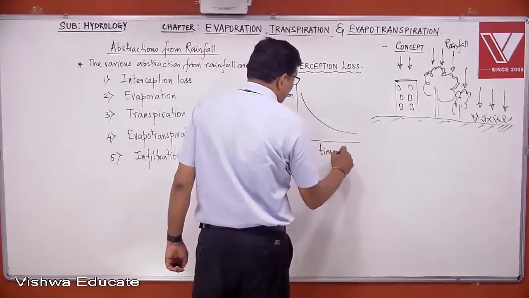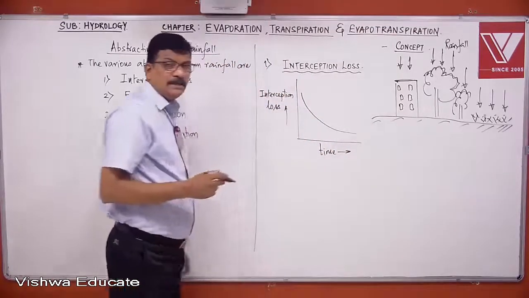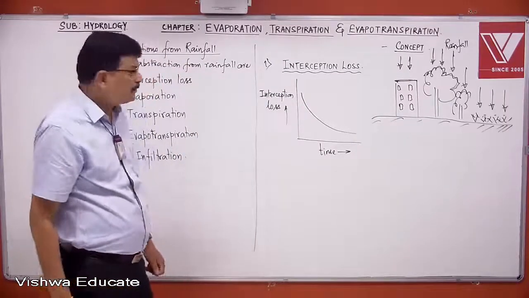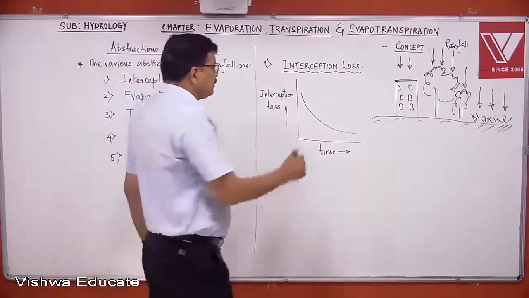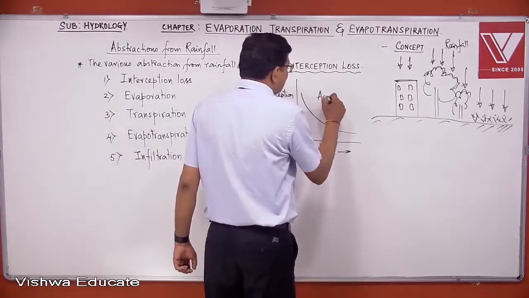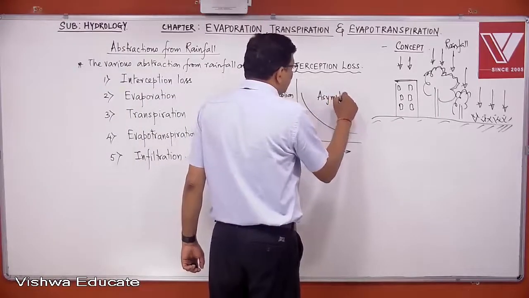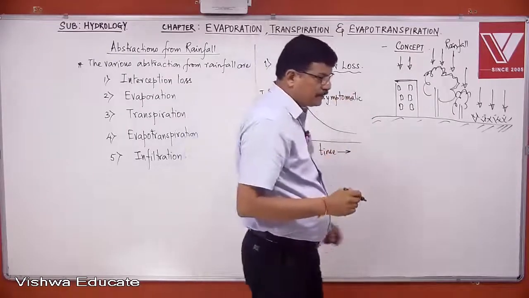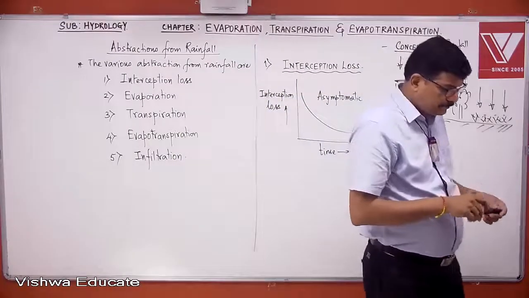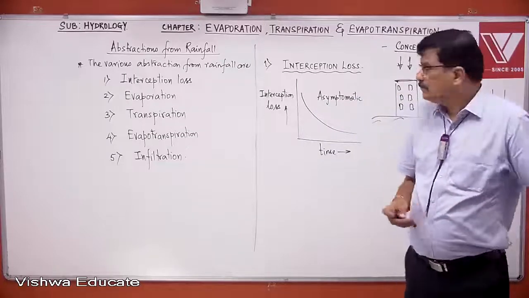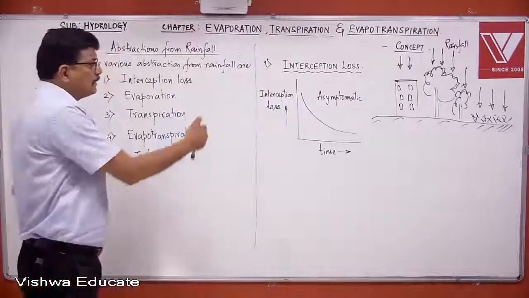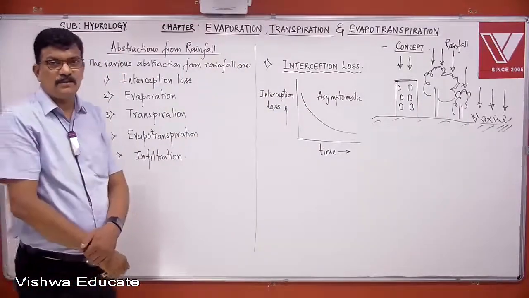As I have mentioned, it is initially high at the beginning and later it decreases as shown in the curve. This is an asymptotic curve. You can note down the plot so that we can write a line on this also.